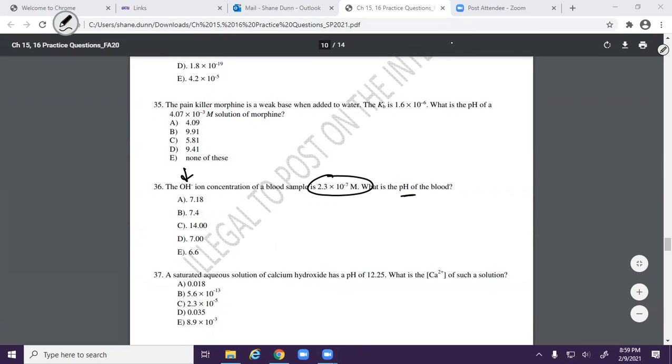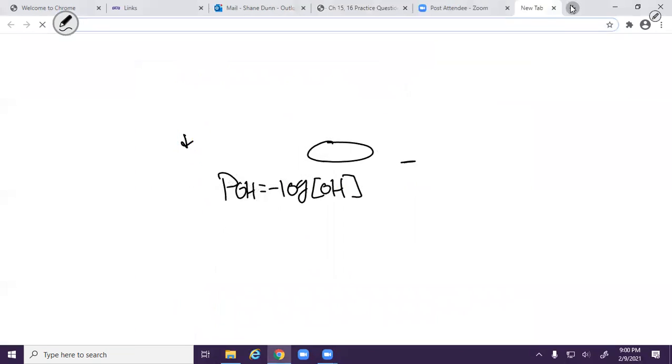No, right? pOH is found by what? Negative log of OH. Let's see if I can find it real quick.